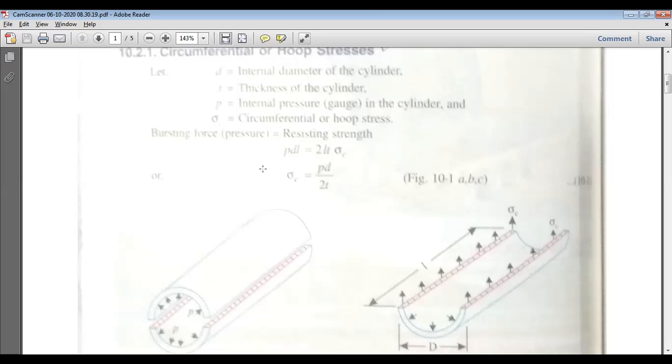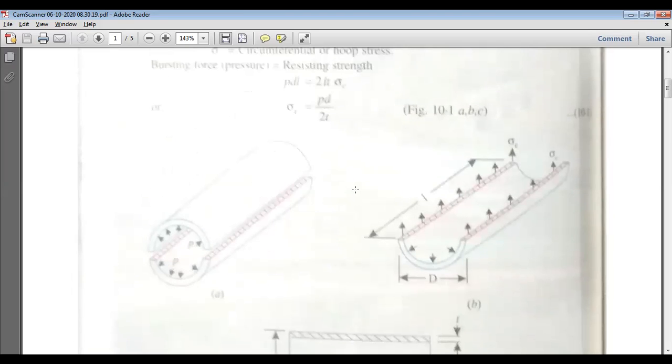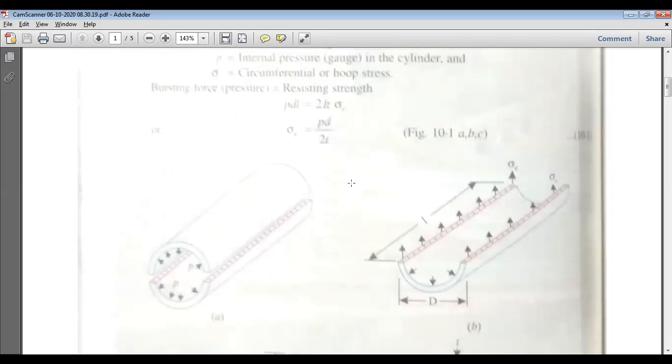So this is the force that is required, the bursting force or the pressure because of which the cylinder will fail, is P into dl. P is the uniform pressure that is acting, and dl is the small or elemental length that we have considered.